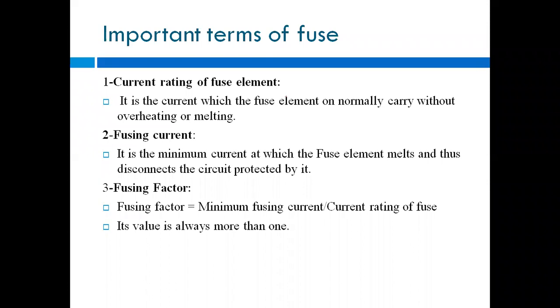So first is the current rating of fuse element. Every fuse has its fixed current rating. You may have seen that some fuses have 10 ampere, 20 ampere written on them. That is the current rating of that fuse element. Current rating means the maximum current that can be passed. So if the current rating is 10 ampere, then up to 10 ampere current can be passed through that fuse element.